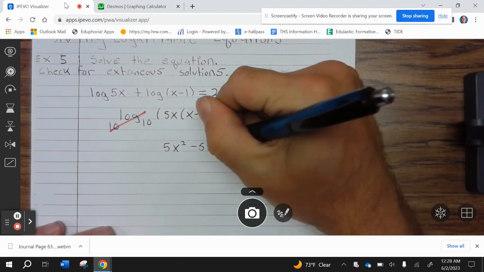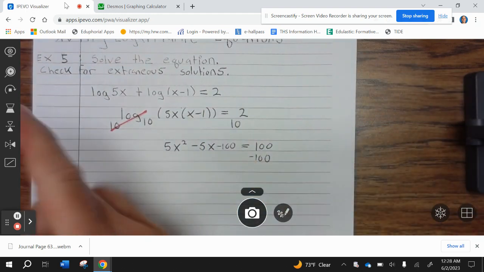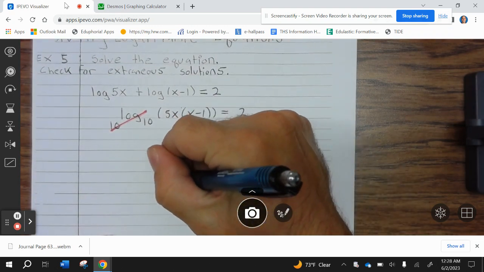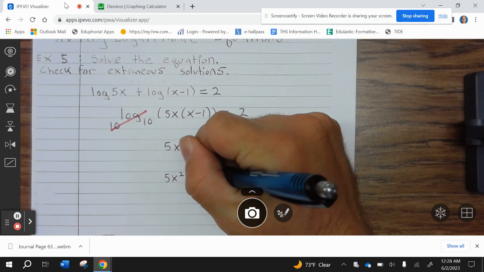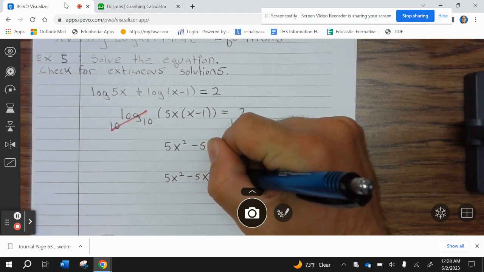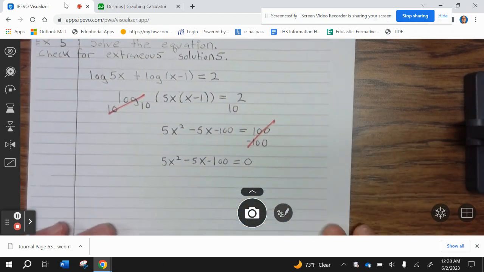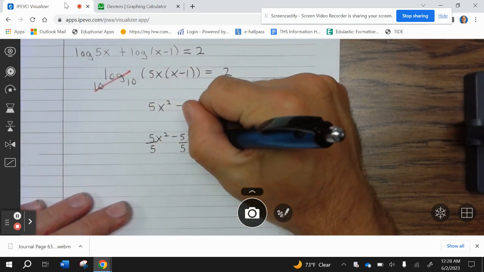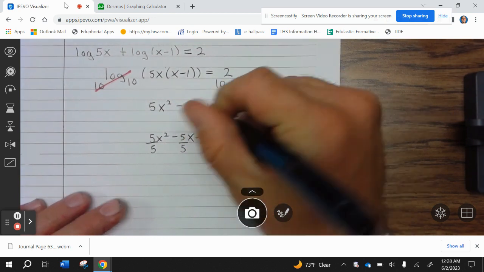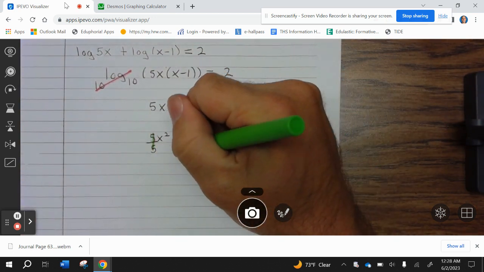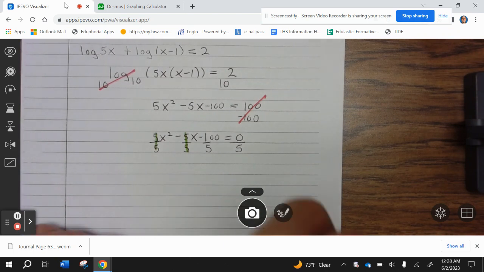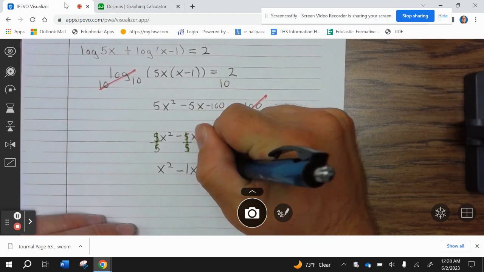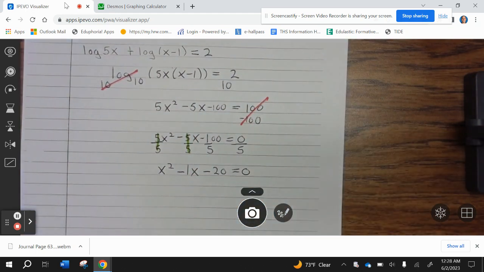We're going to subtract 100 from both sides. That cancels. You get 5x squared minus 5x minus 100 equals 0. We can divide everything by 5. So you get x squared minus 1x minus 20 equals 0.